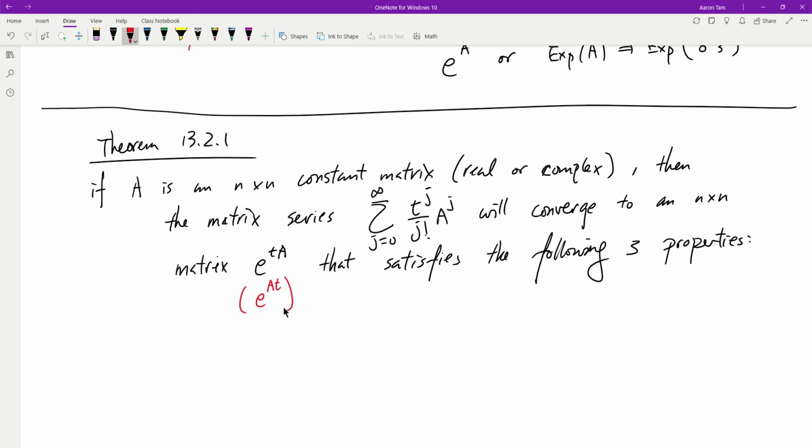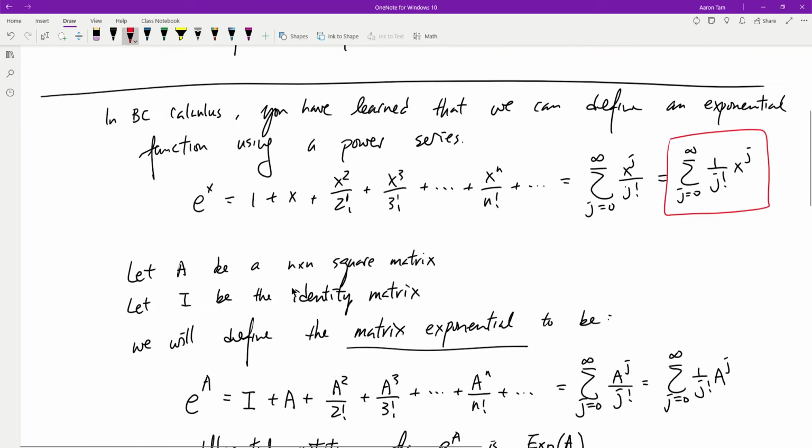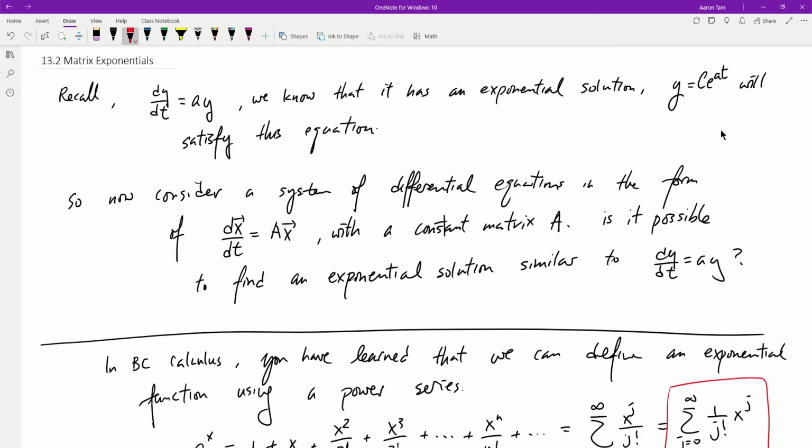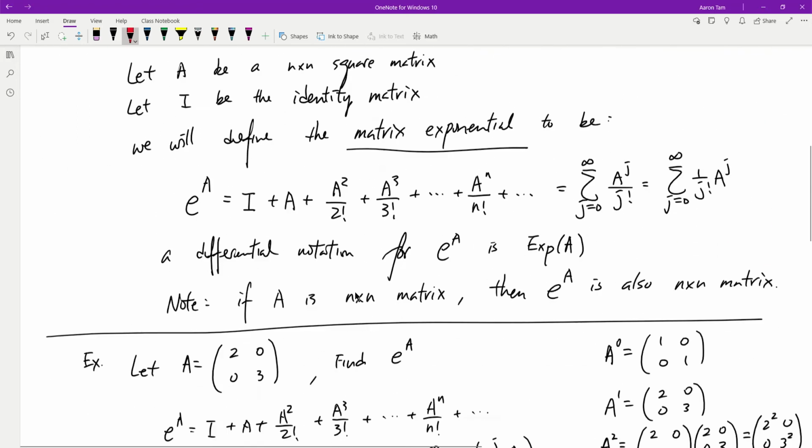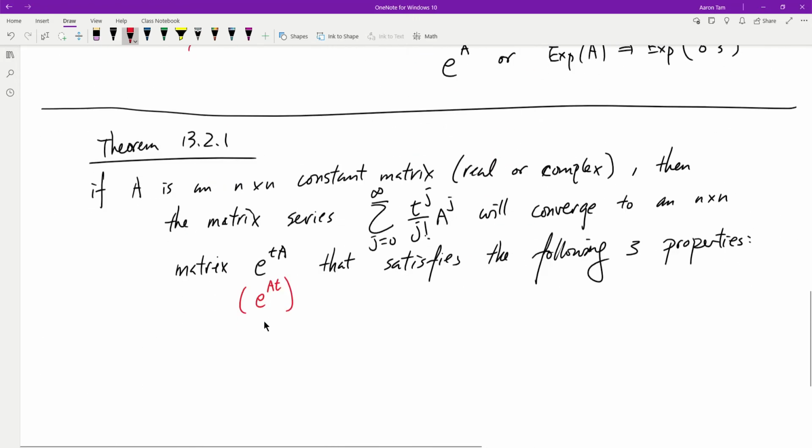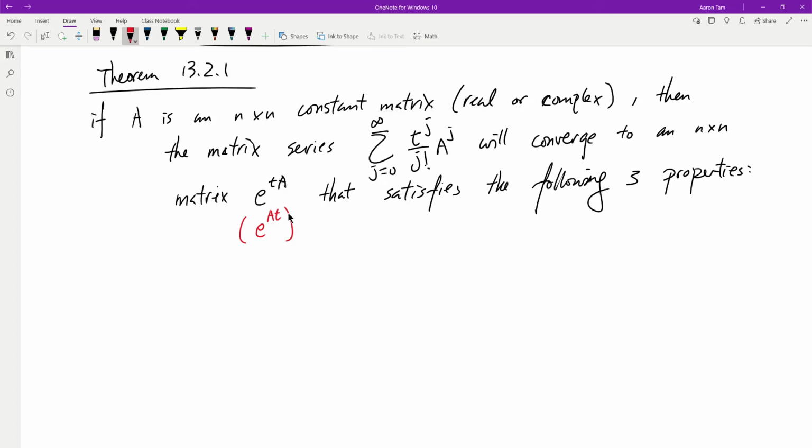I just like to put tA, it just looks nicer, but I can definitely see At being better because it kind of looks like this right here, except I changed the a to capital A. So really up to you. As a matter of fact, you might see me sometimes write At, sometimes write tA.